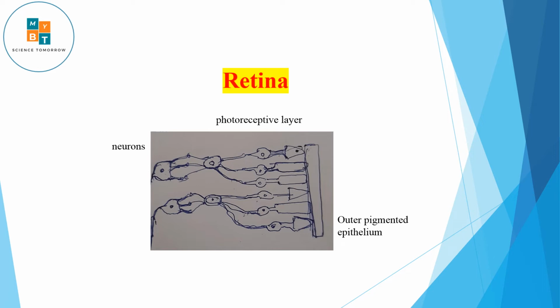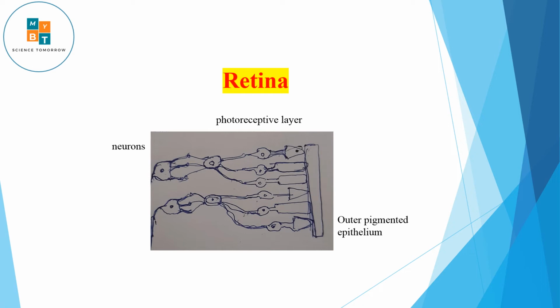The pigment in rod cells is rhodopsin, and in cones it is photopsin. Rod cells can differentiate light or dark, but they can't understand color. The photopsin in the cone cells is the pigment which can understand color. Depending on the color, we have three types of cone cells: red, green, blue.